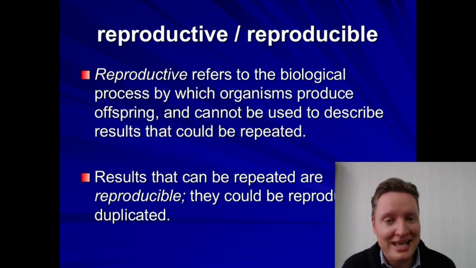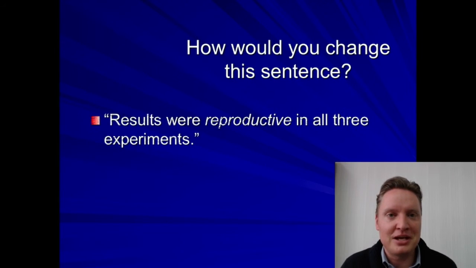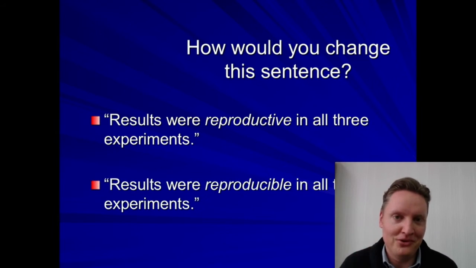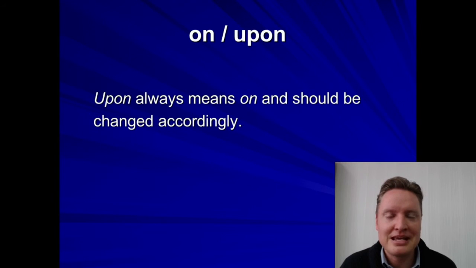They can be duplicated. We can do it again. So research can be reproducible. Research cannot be reproductive. Only animals and organisms can be reproductive. Let's give an example here. The results were reproductive in all 3 experiments. No, they were reproducible in all 3 experiments.